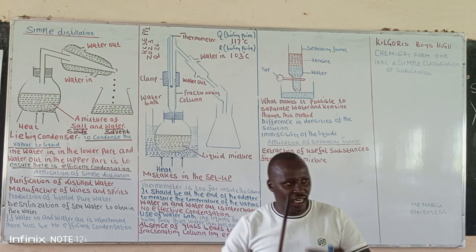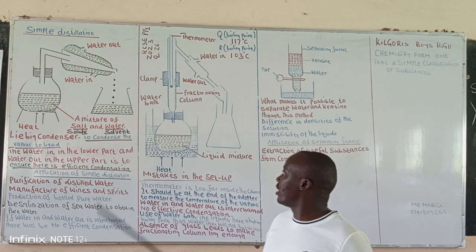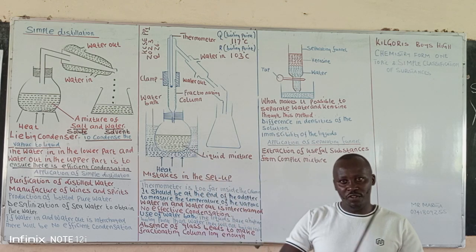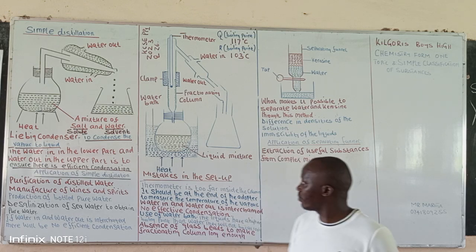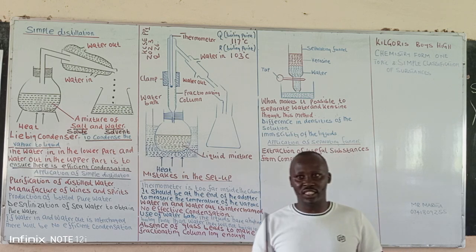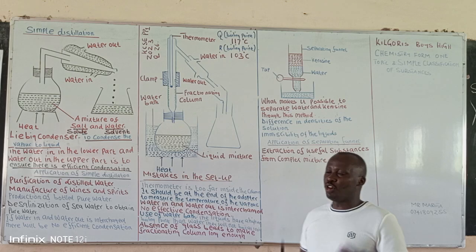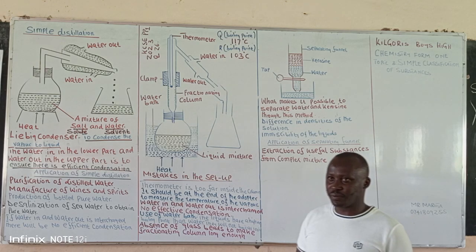The candidates were required to identify the three mistakes made in this experiment. Quite a number of students did not answer this question well. Many of them did not understand, and quite a number left the question blank without giving the correct answers. They were to check that there is water in and water out.